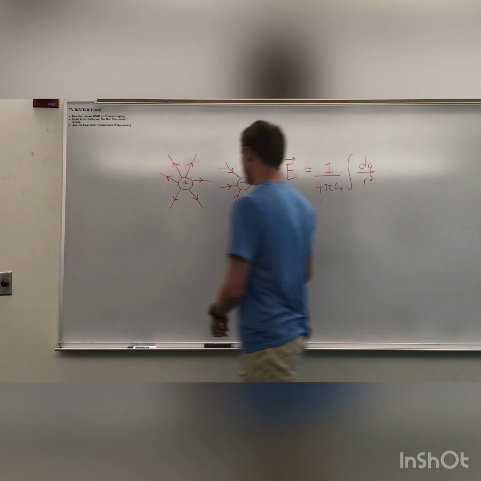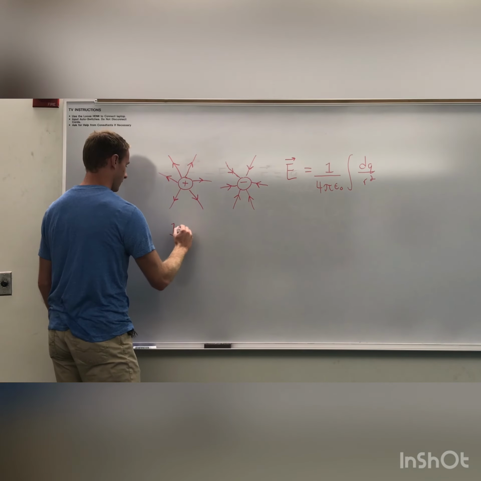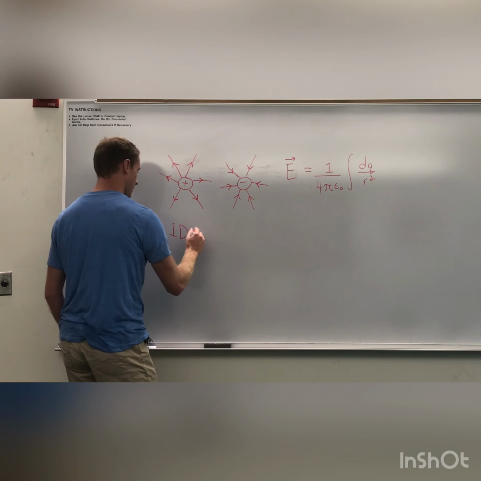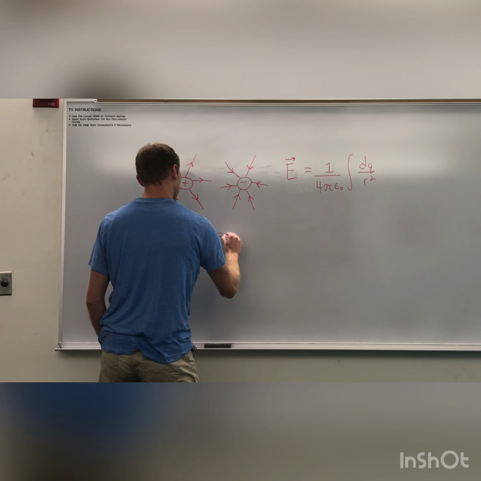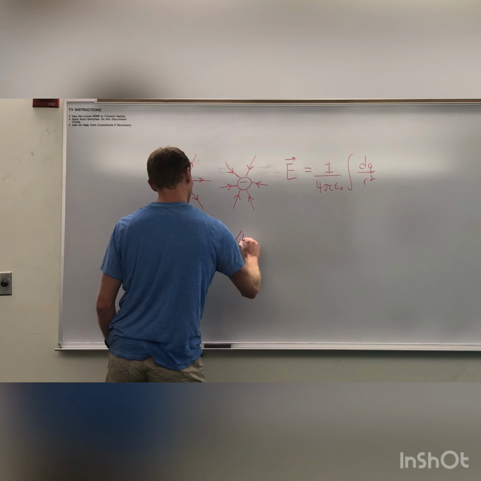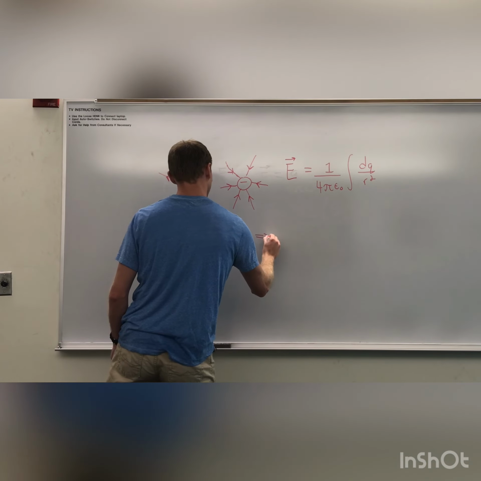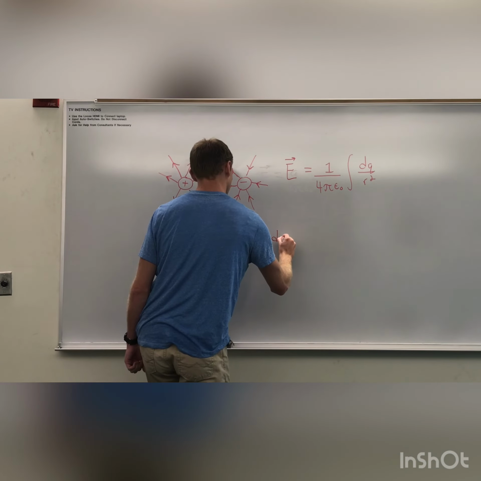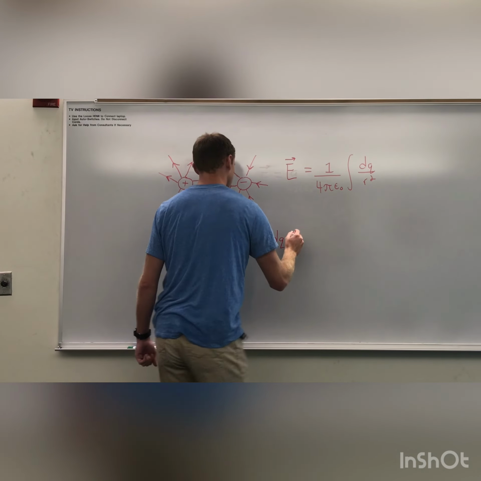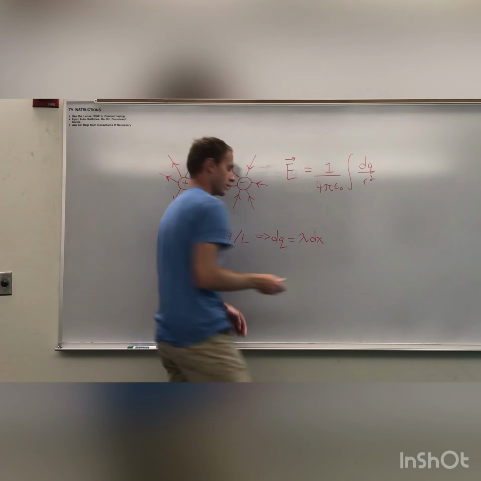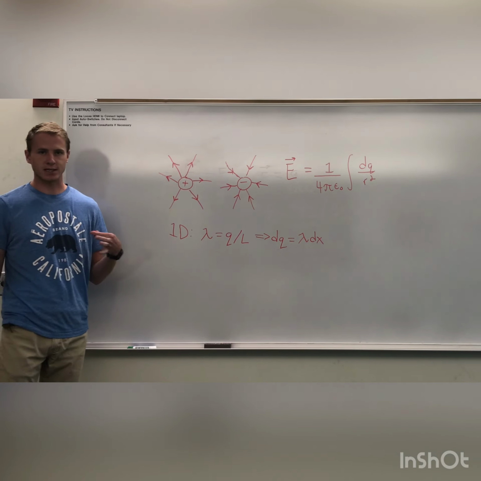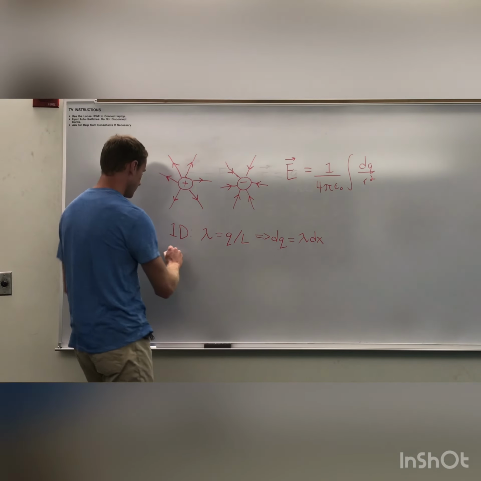So in 1D, we have lambda equals charge divided by length, and this will give us dq as lambda dx, where dx is just an infinitesimal length.